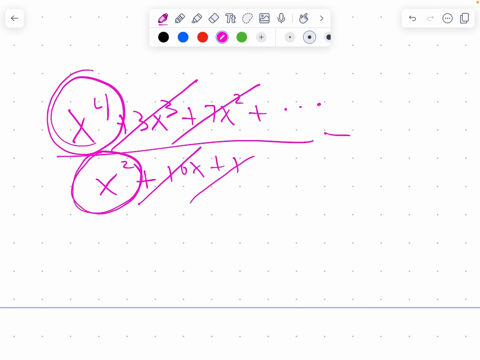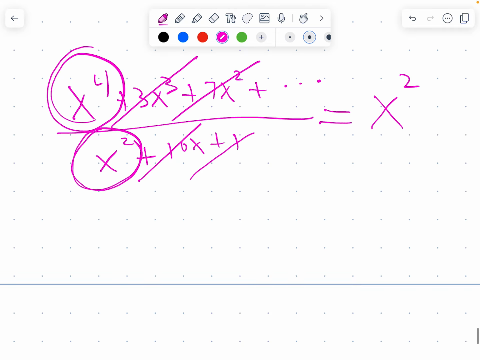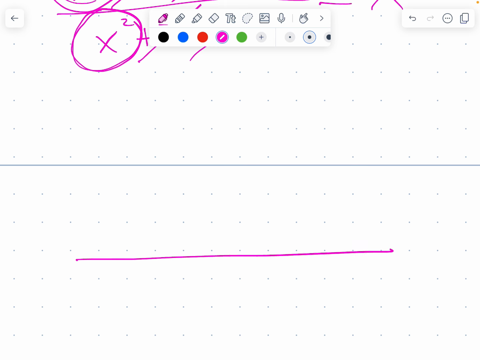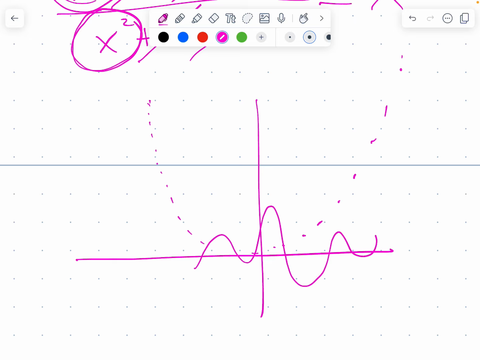And so this overall is going to look basically like x squared. So if I graph it, we're not going to really worry about this, but it will have a quadratic asymptote, which means that the graph might do some interesting things, but eventually it's going to find this line, and the end behavior is going to look like this.